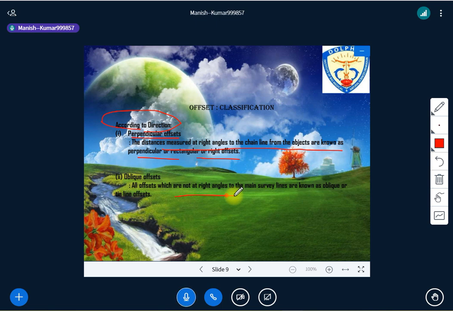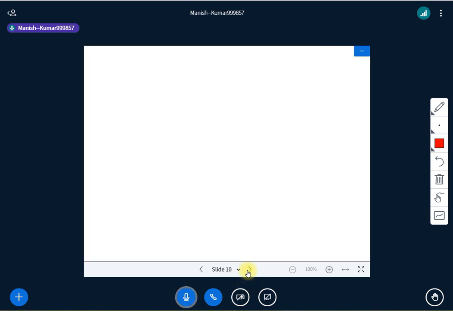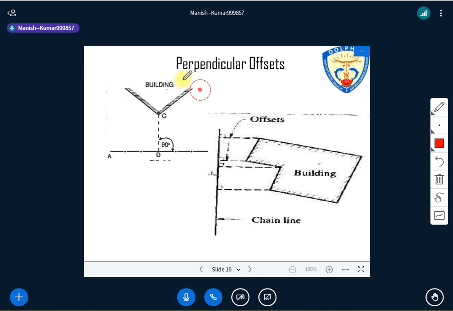Again, if you first read the definition, you can easily understand: the distance measured at right angle to the chain line from the object is known as perpendicular or rectangular or right offset, whereas if it is not a right angle, that is called oblique offset. Let me explain again through the image. You just look at this. We have this chain line, as you look at here properly, the representation is there. This is one building, right? And then this is 90 degrees.